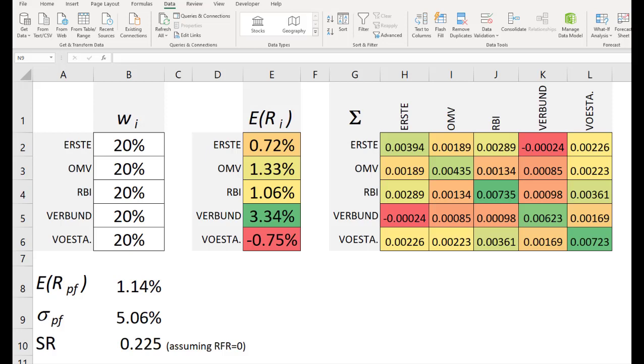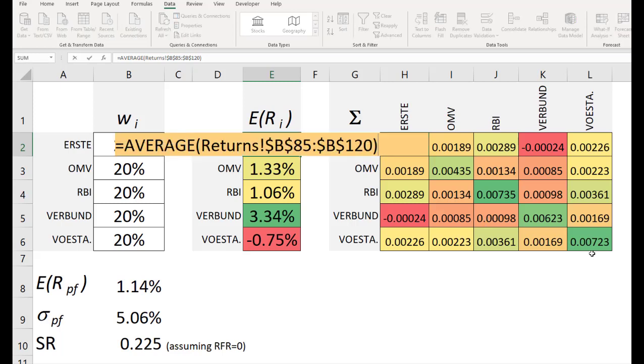Here you can see the Excel sheet that I used to calculate the expected portfolio return and the portfolio volatility, and additionally the risk-adjusted performance measure Sharpe ratio using matrix algebra. What you find in this range is the vector of weights. We consider an equally weighted portfolio, so the weights are 20% for each of the 5 assets.